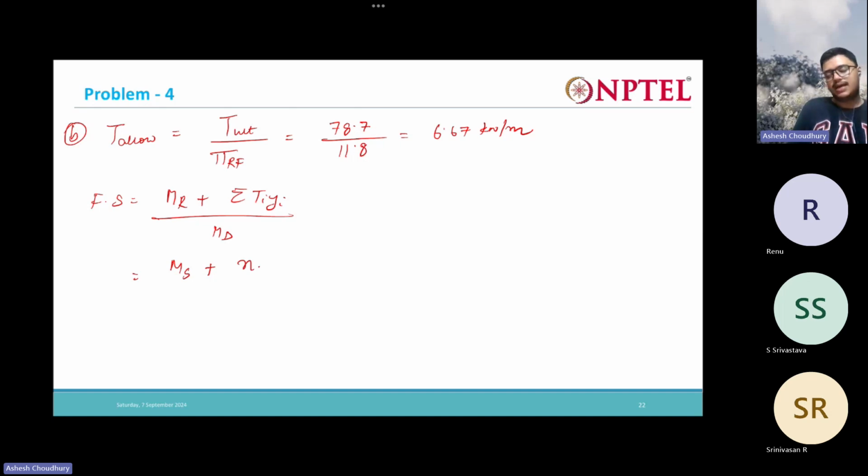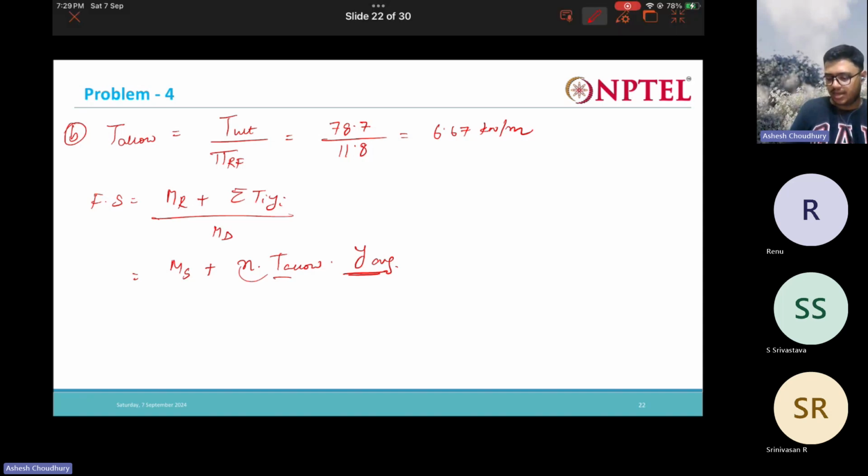Since all the layers have the same reinforcement with the same strength, we can bring it out and write it like this: N into T allowable into Y average. So Y average is nothing but the average centroid of all the reinforcement. That is, N times T allowable times the Y average.